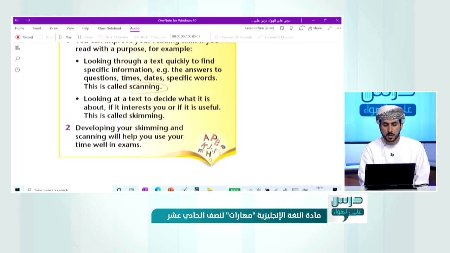The second strategy is called skimming. So what is skimming? Looking at a text to decide what it is about, if it interests you or if it is useful. Sometimes we use this kind of strategy when we read magazines or newspapers because we cannot read all the articles found in the newspapers and we don't have the time to do so.